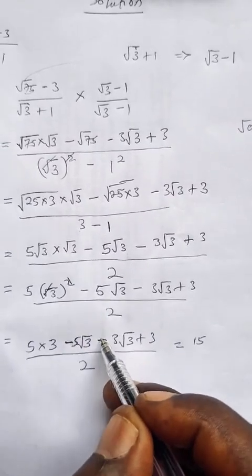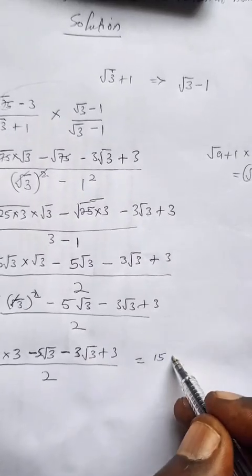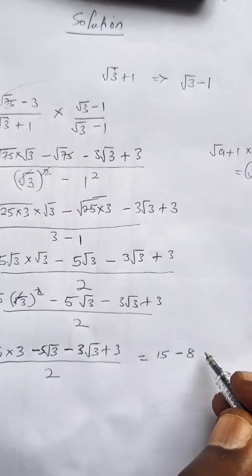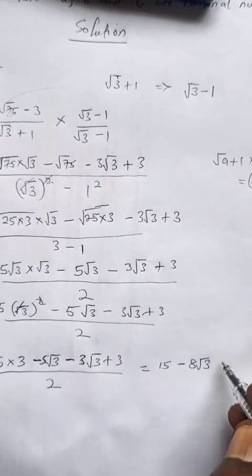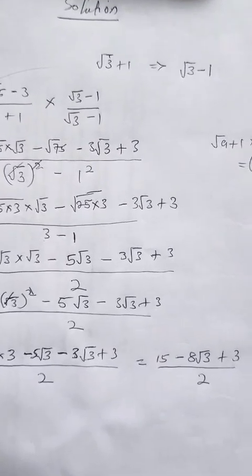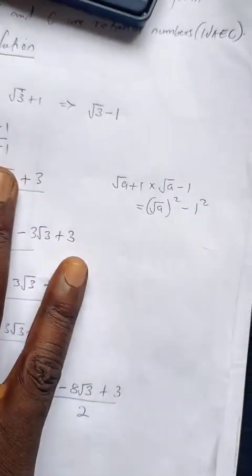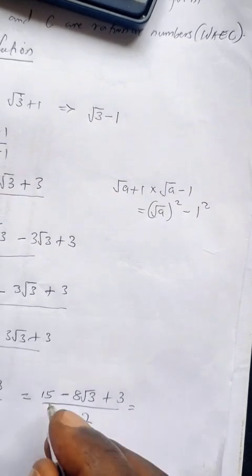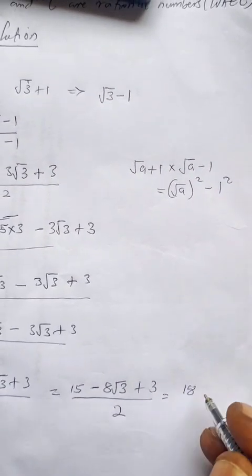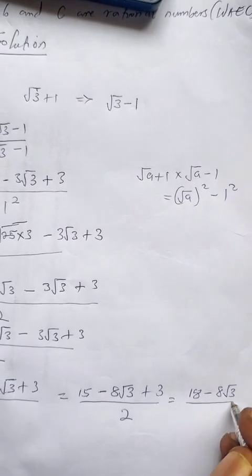Minus 5 minus 3 gives minus 8, and the similar surd is root 3, then plus 3, all over 2. Now let's collect like terms. 15 and 3 are like terms, so 15 plus 3 gives 18. So we have 18 minus 8 root 3 all over 2.